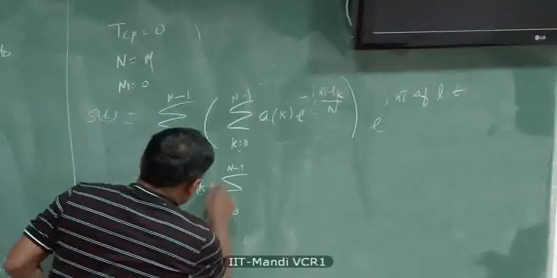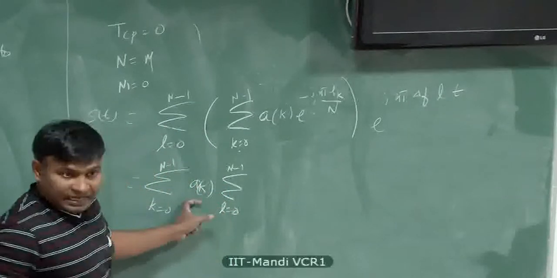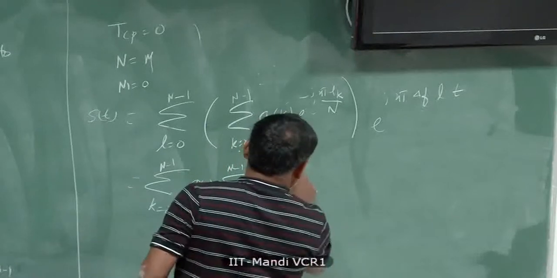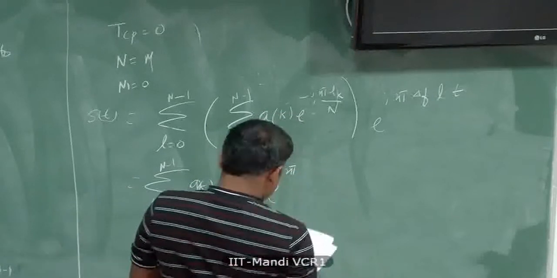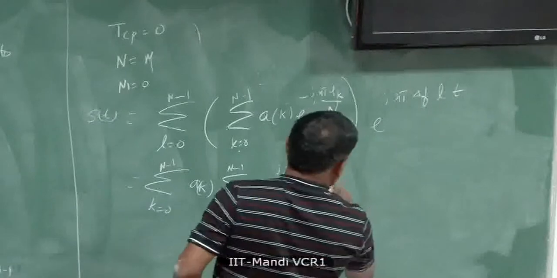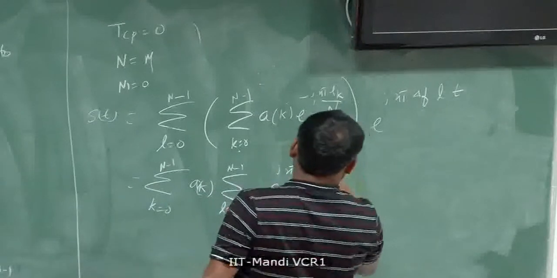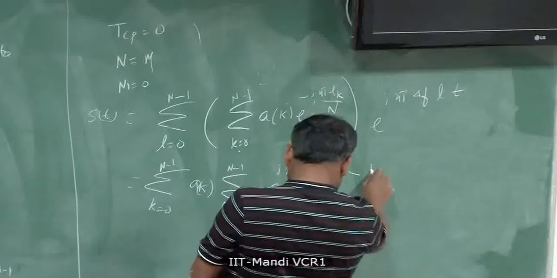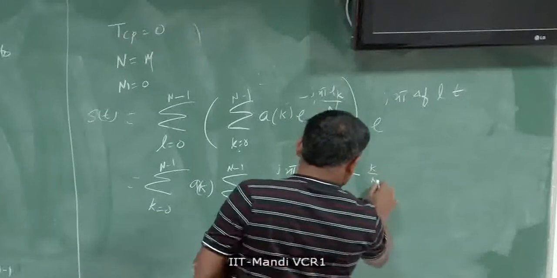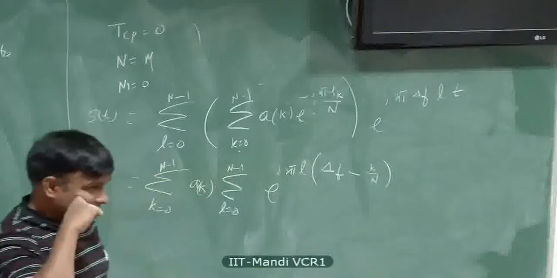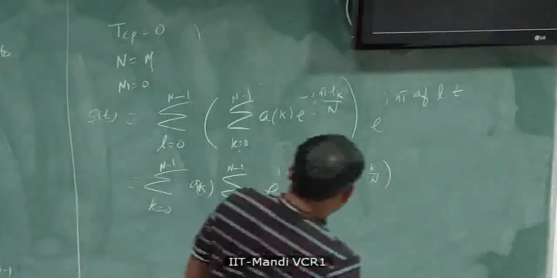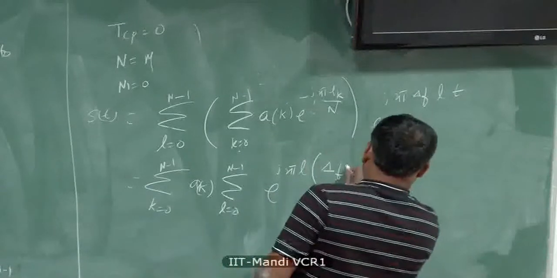A of k will be here, and this summation will be e to the power of j 2 pi L delta f times (t minus k by n). Is that right? Delta f times t. T is there.